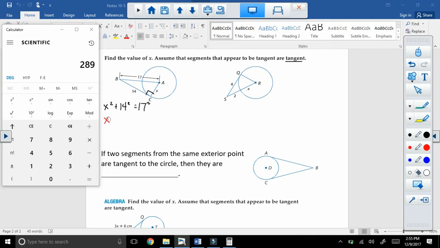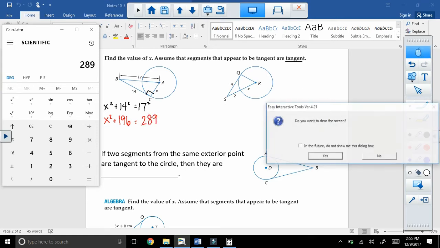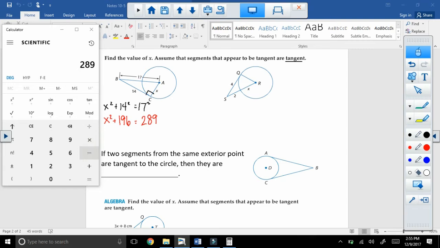So I'm going to set this up. X squared plus 196 equals 289. I'm going to go ahead and then subtract that 196, and then I can take the square root. So the answer would be the square root of 93.